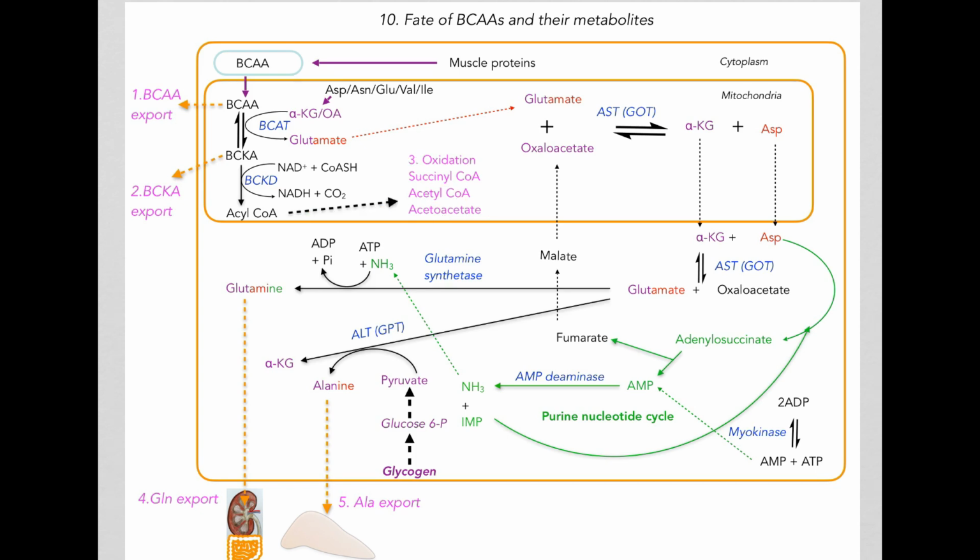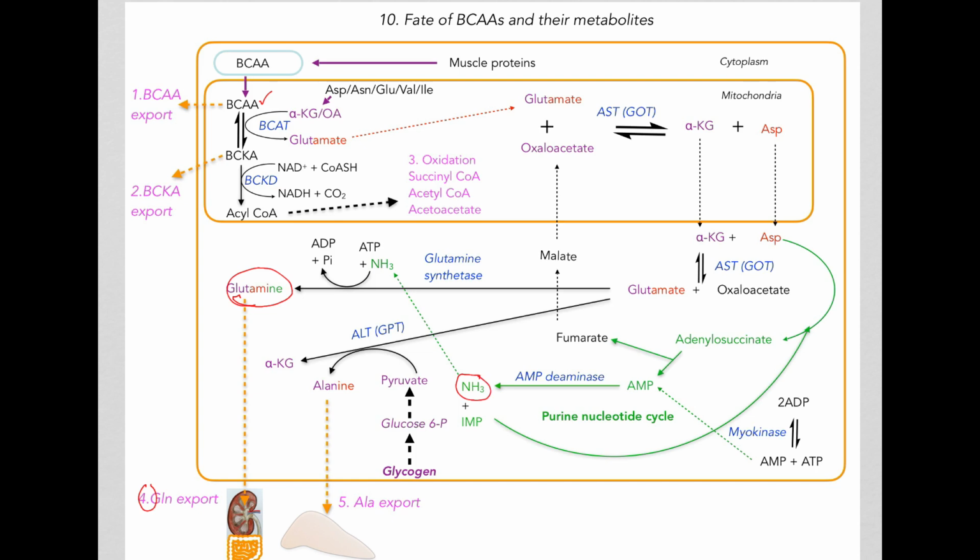Another possibility is that the branched chain amino acid can be made into glutamine. So this glutamine, as we mentioned earlier, for glutamine synthesis in muscles, we'll have the alpha amine group from the branched chain amino acids.